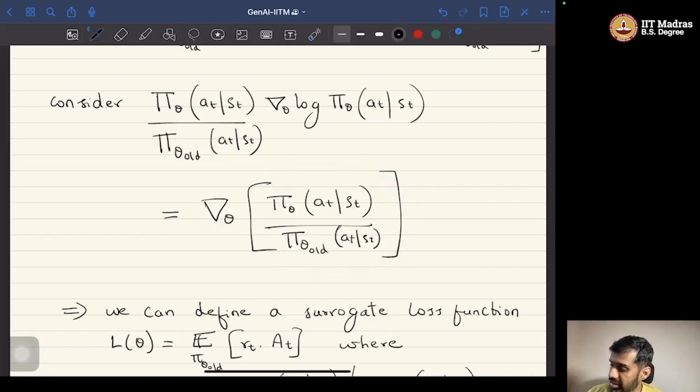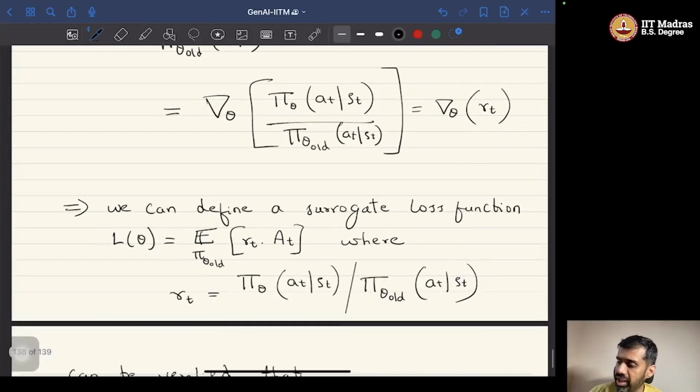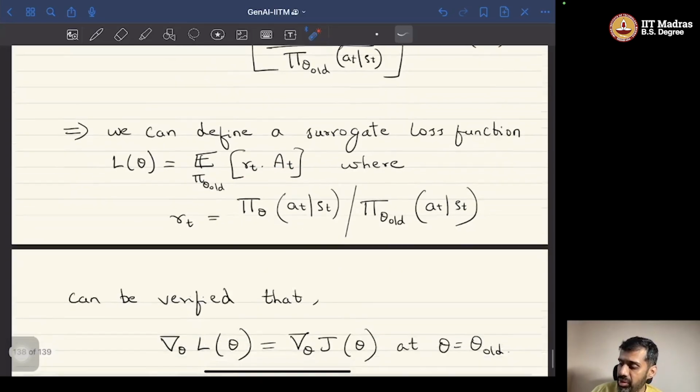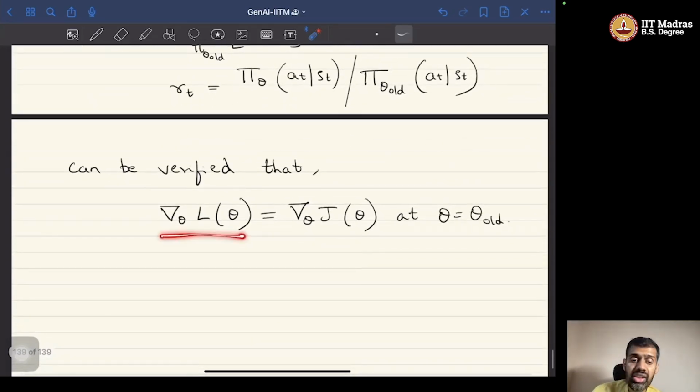So let us write this as equal to the derivative of RT. Right, this is the density ratio. Now, if we simply define another surrogate loss function L theta, which is expectation of this ratio times the advantage function, then it's trivial. We already showed that the gradient of this surrogate loss function is equal to the gradient of the objective that we need in the policy gradient theorem.